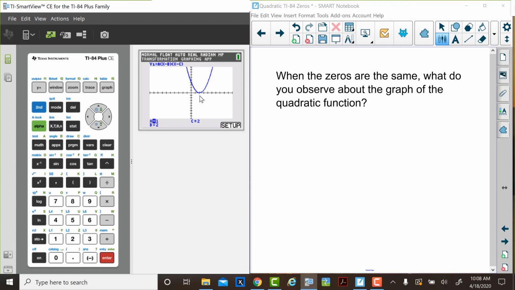And to think about what we just reviewed, if you add the two zeros, 2 plus 2 is 4, divide by 2, that value would be equal to 2, and the x value of the vertex is at x equals 2. What would happen if these values were different? I'll ask Judy to change b to 3, and then change c to 3.